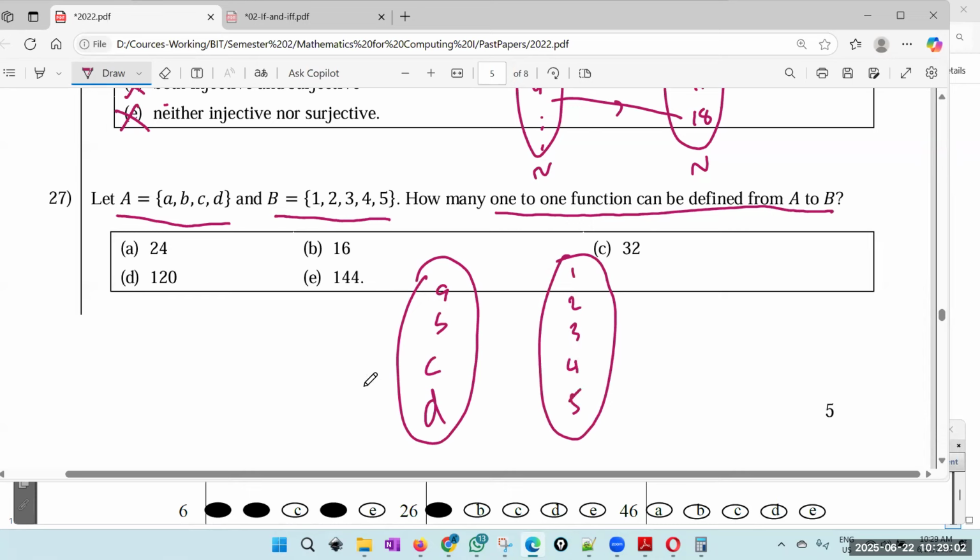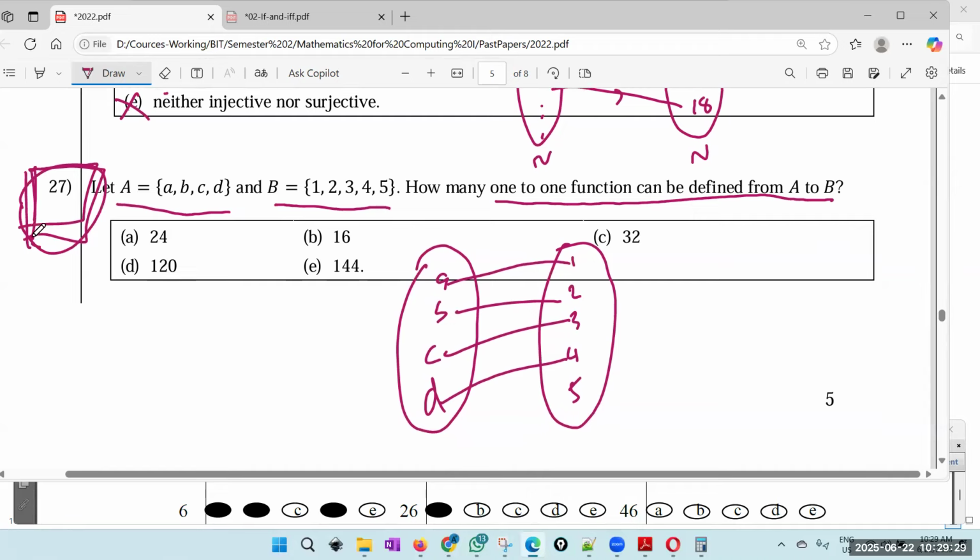How many one-to-one functions? One possibility is something like this. Then this can be mapped to, okay, let's keep that open for the time being. So many possibilities come into my mind. So let's keep that, maybe we can look at it last.